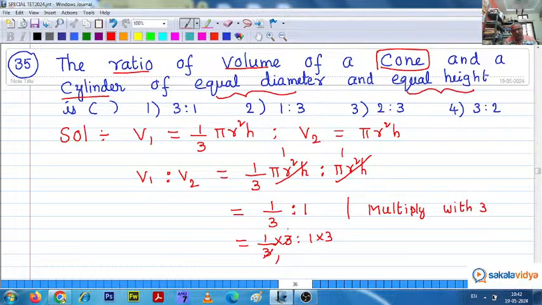The 3s cancel, so the answer is 1:3. The second option is the right option. Or simply, V1 by V2 is equal to 1/3, V1 is to V2 is 1:3 also. That is your convenience, you can solve this problem either way.